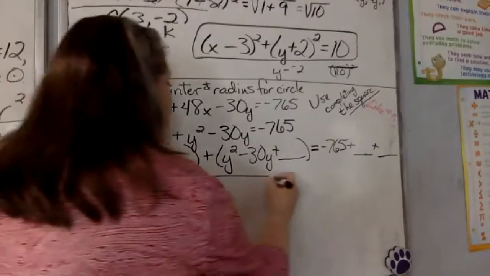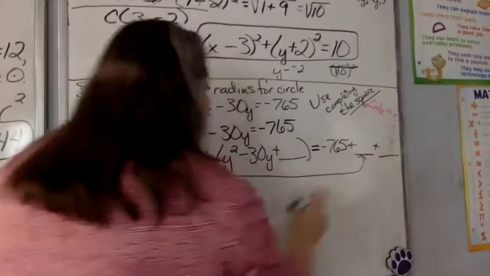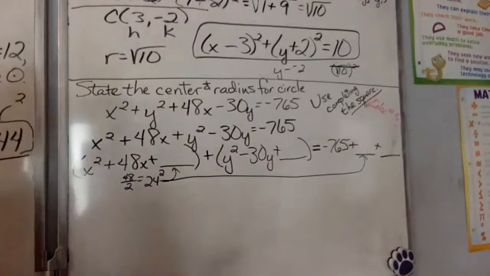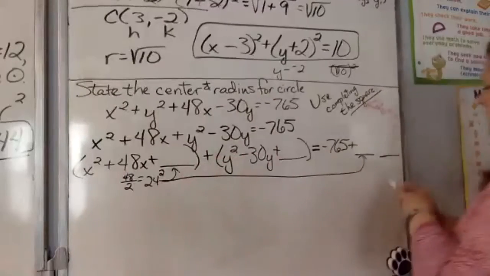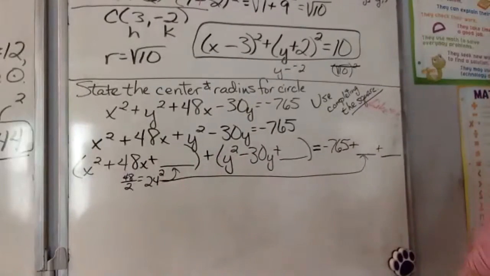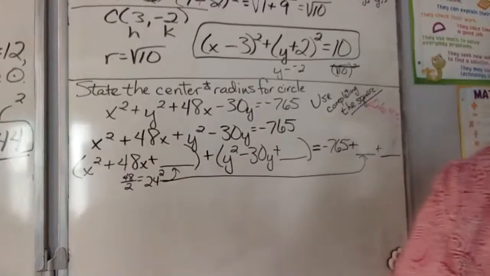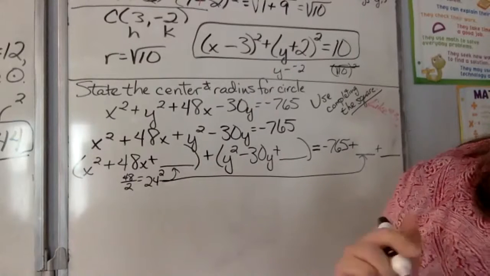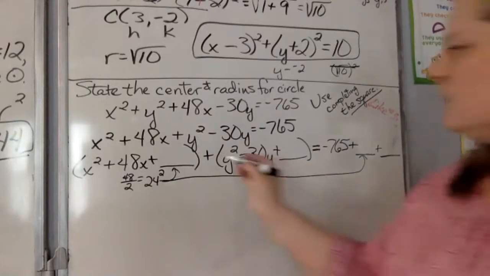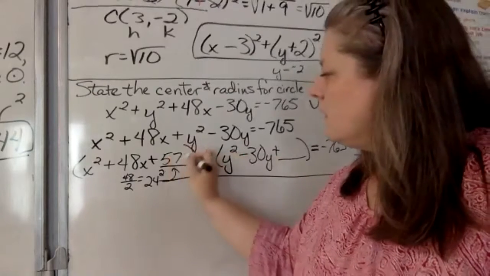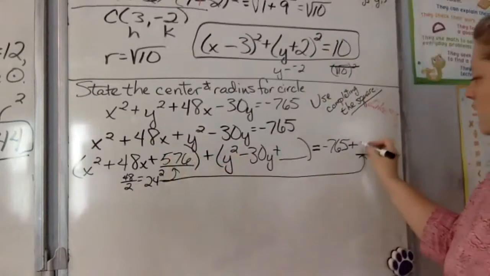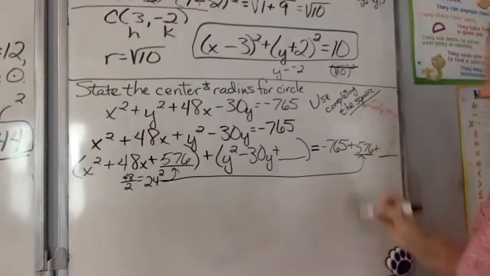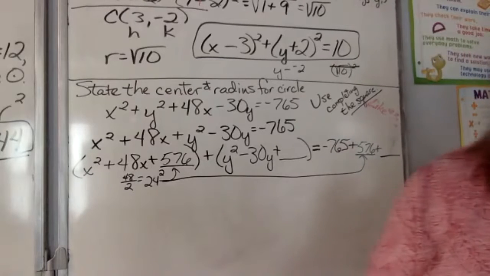And then I also have to add it over here, because whatever I add on one side of the equation, I've got to add on the other. If you've got a calculator, it's going to come in handy, because I'm taking 24 times 24. And we add that to both sides, 576.